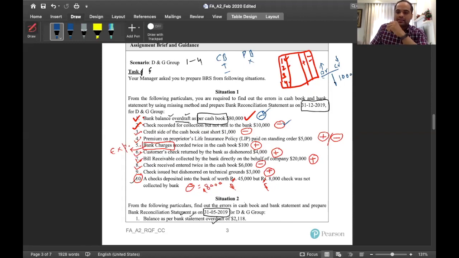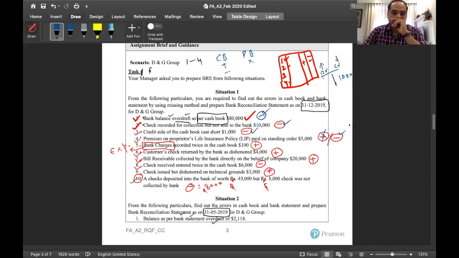So minus, negative 1,000, which is right. Number 4, premium on proprietor's life insurance policy paid on standing order, 5,000. In simple words, paid insurance. If you're paying insurance, what will be the impact on cash accounts? Of course, negative, right? So number 4 is a negative impact.